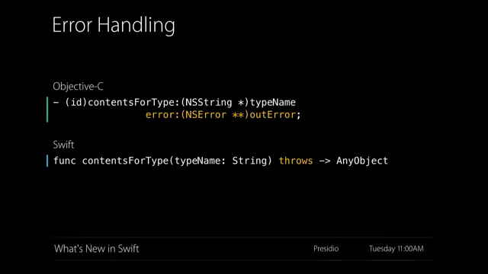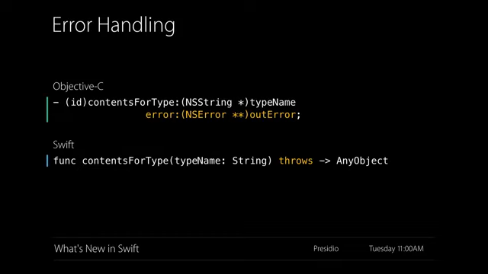This was covered in a lot of depth in this morning's talk, What's New in Swift. If you didn't make it to that, I strongly suggest you check it out later on to find out really how all this error handling stuff works. But what I want to focus on now is specifics about this going between the two languages.